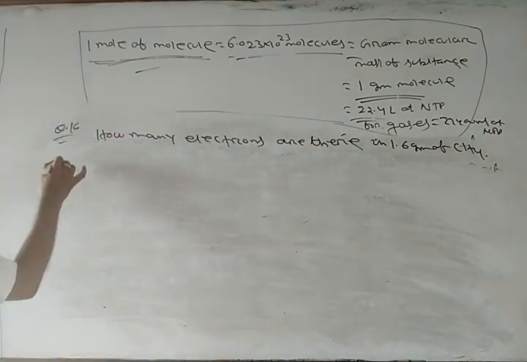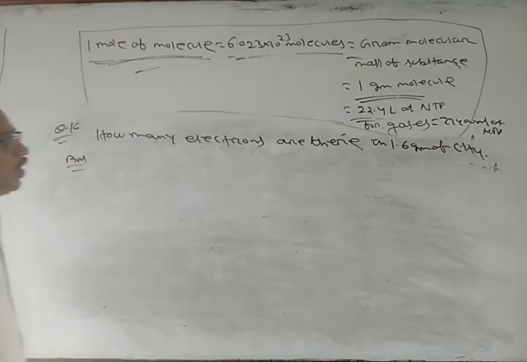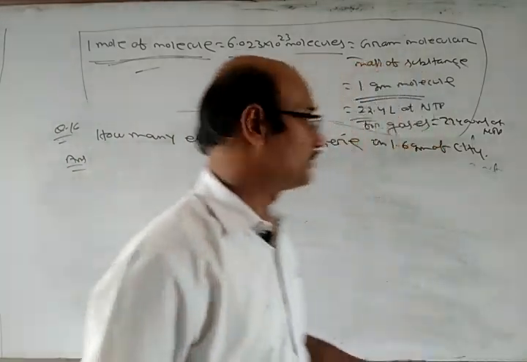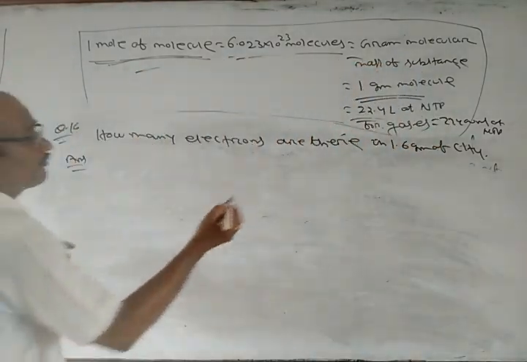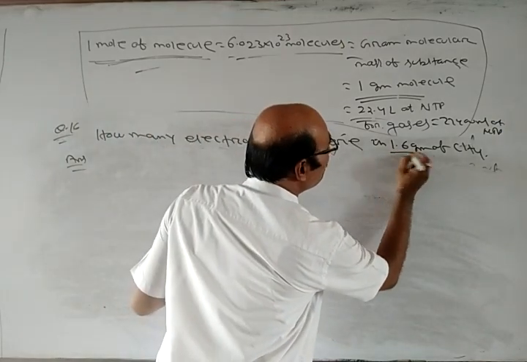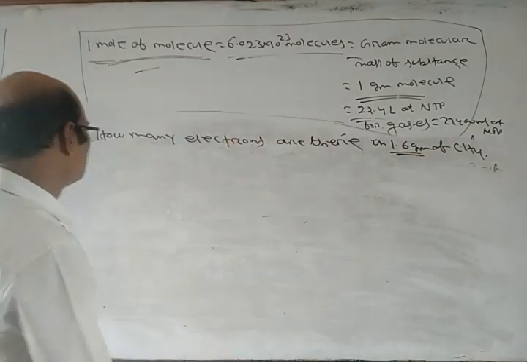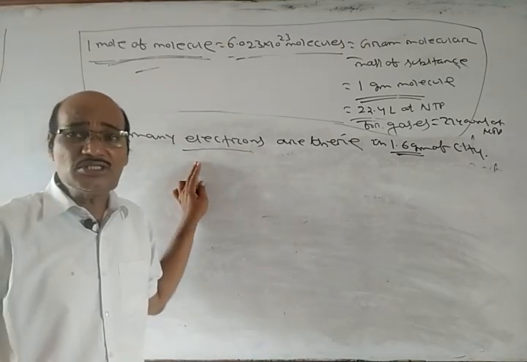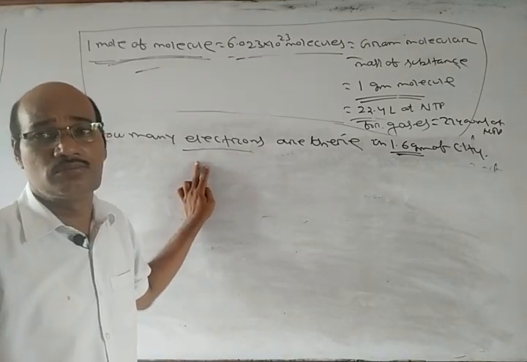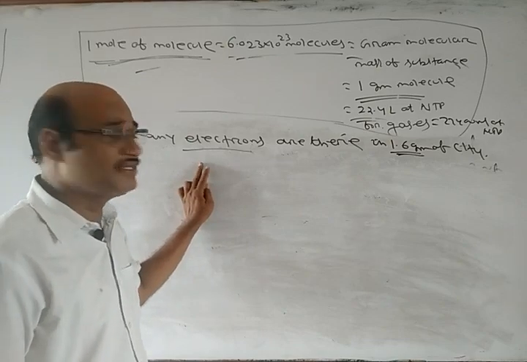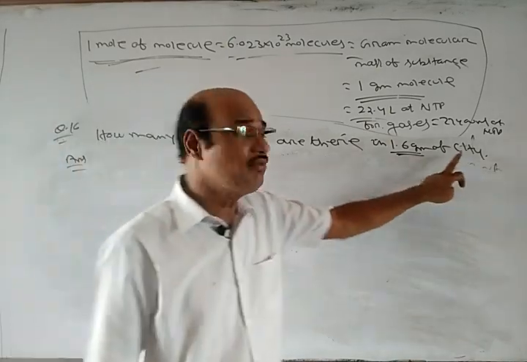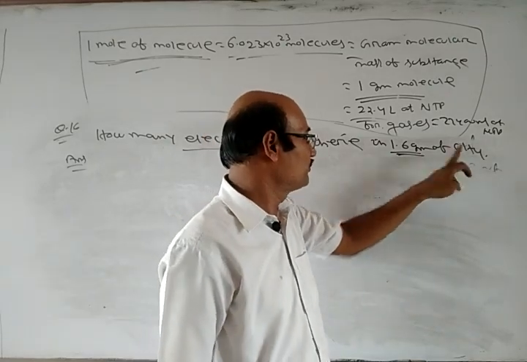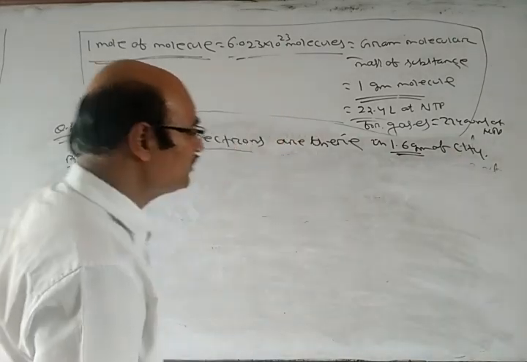How many electrons are there in 1.6 gram of methane? So here see 1.6 gram mass is given, and they ask how many electrons. So electrons are present in the atom, and atoms are there in the molecule, and we have the molecule methane. So first of all, find out the mass of this molecule methane. How much given? 1.6 gram.